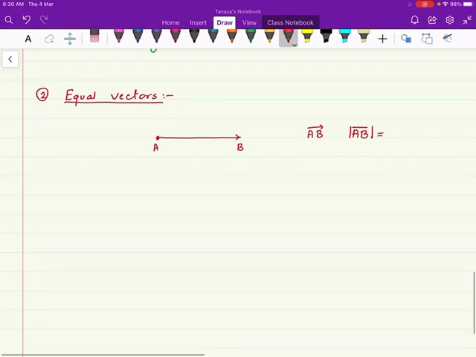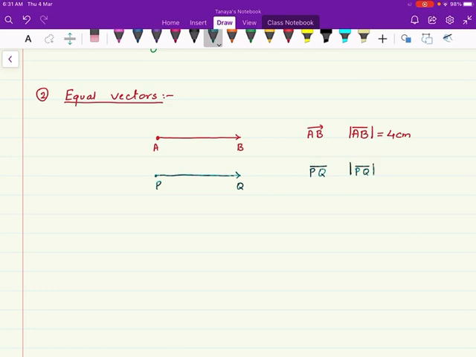So whose magnitude is say 4 centimeter. And there is another vector, let's call it PQ bar, whose magnitude is also 4 centimeter. So you see that AB bar and PQ bar are in the same direction and their magnitude is also the same. Such vectors are called equal vectors.